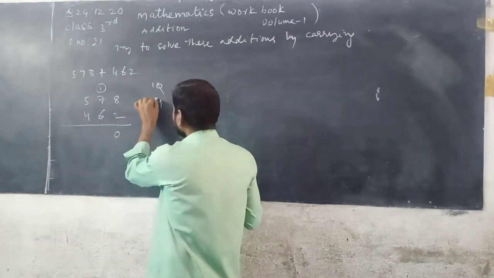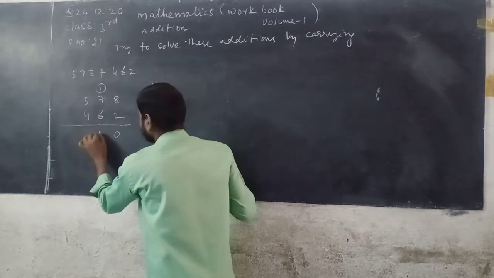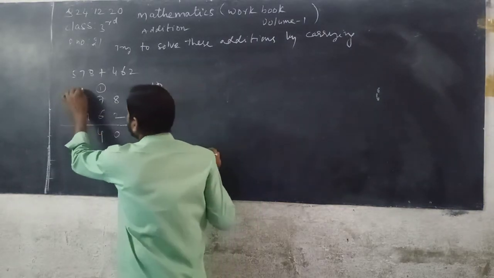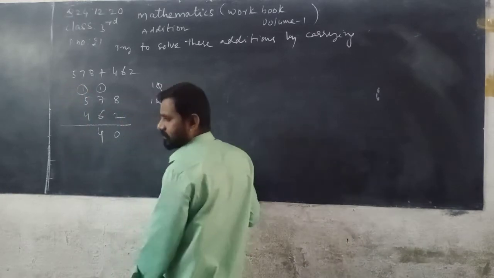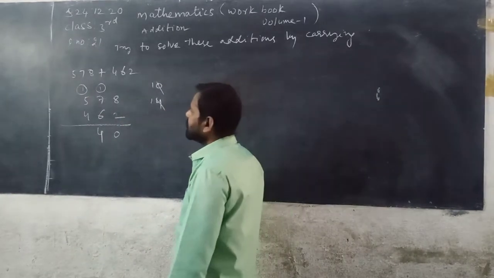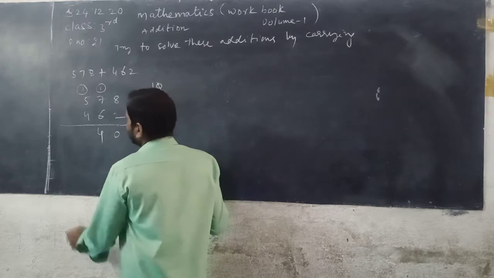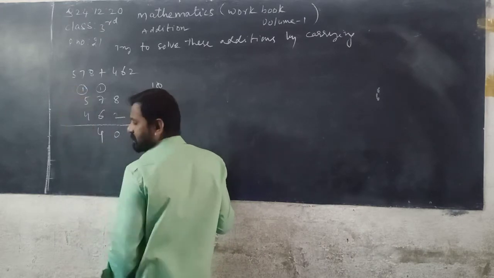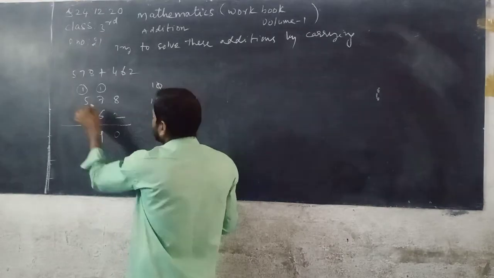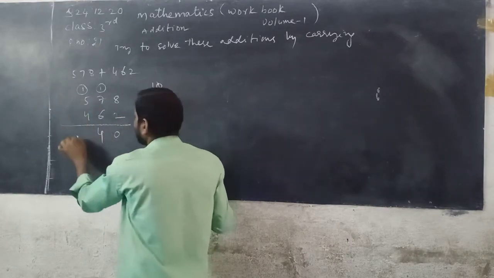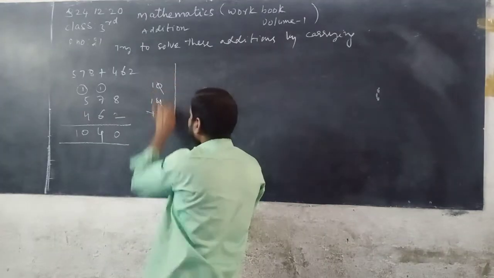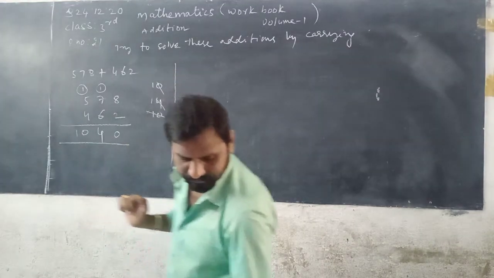In it, 4 is written down in tens column and 1 is carried over to the hundreds place. Next add the digits in hundreds place along with the carry. 1 plus 5 is 6, 6 plus 4 is 10. This is the last place of the given number, so you can write 10 directly. Sum is equal to 1040.